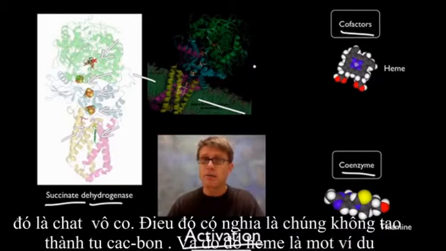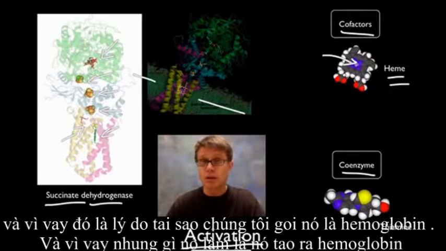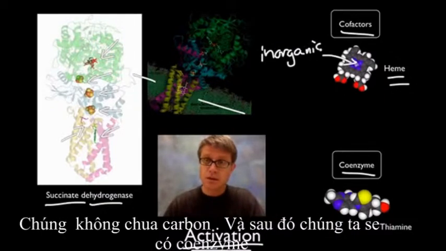What that means is they're not made up of carbon. And so heme's an example of a cofactor. Heme is also what's found in blood. It has an iron atom in the middle, and so that's why we call it hemoglobin. And so what it does is it's creating that hemoglobin protein, activating it. And so cofactors are going to be inorganic. And so, in other words, they are not containing carbon.